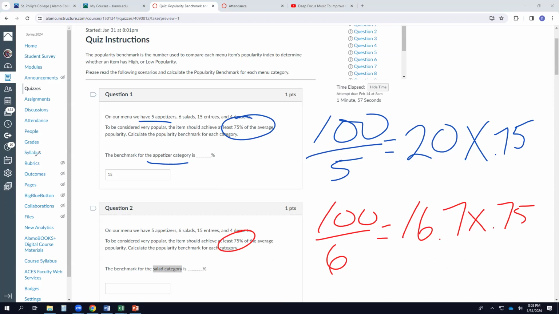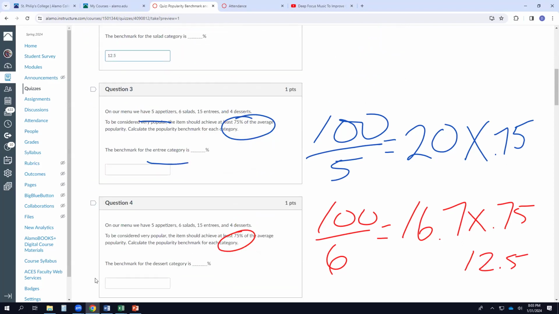So what is 16.7 times 0.75? 12.5. So I would just put in 12.5 right here. Questions 3 and 4 ask about the entrees and the desserts. The 75% stays the same. We all see how that works?